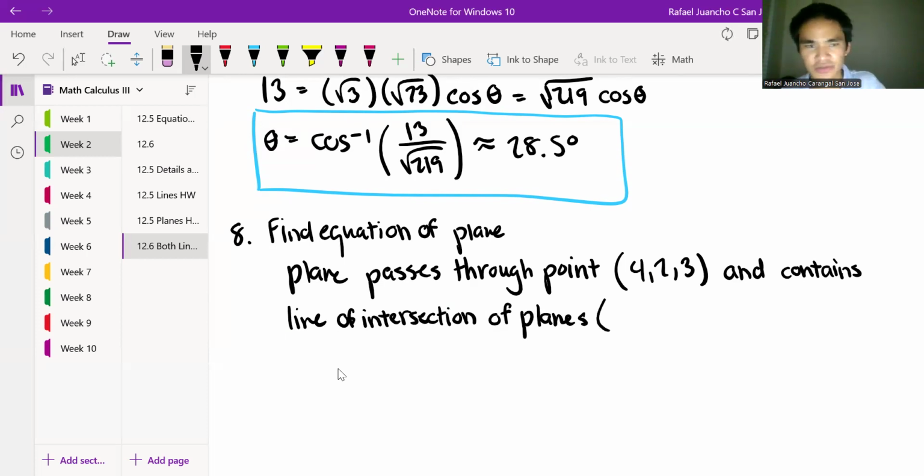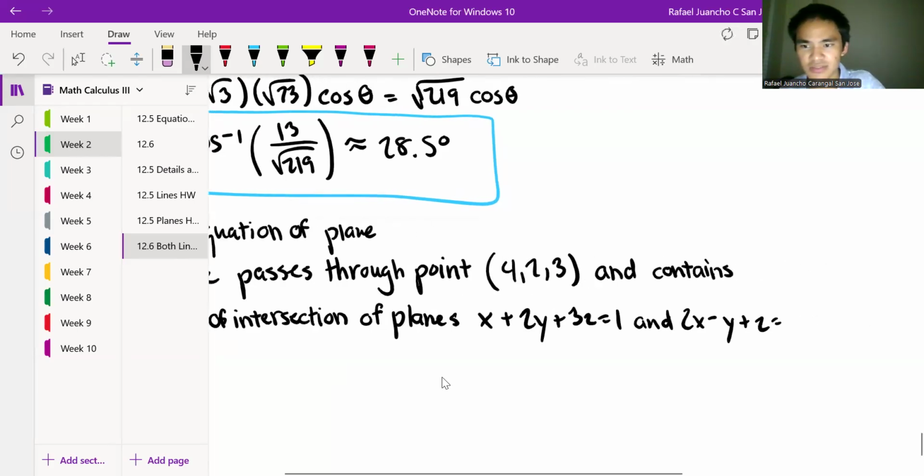We're actually given 2 planes here: x plus 2y plus 3z is 1, and another plane, 2x minus y plus z is -3.